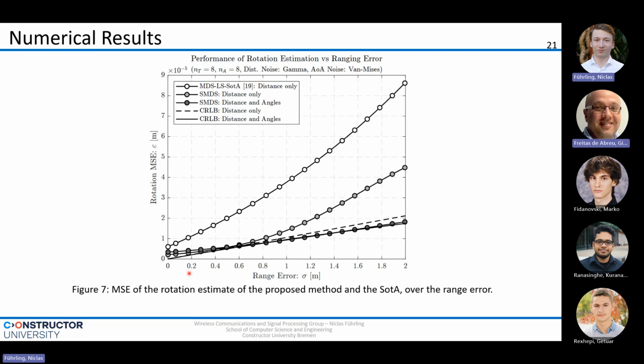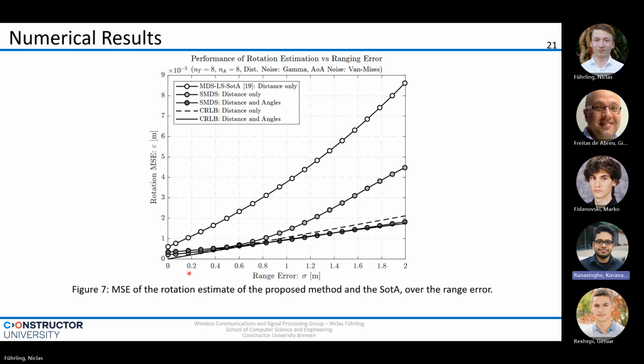Okay, thank you. Anybody else, guys, any comments, questions? I have a small comment. That's the interesting point you raised regarding the Cramer-Rao bound. In this figure as well, if you look at the comparison between the SMDS for distance only and the corresponding Cramer-Rao bound, you see that when the range error is a bit high, it diverges. I think this is akin to the low SNR region actually.